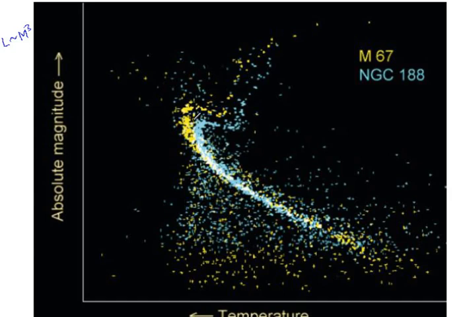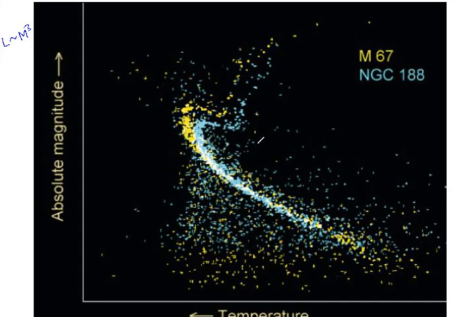So this means that this NGC 188 contains only low mass stars, no high mass stars. And since low mass stars have very high age, we come to the conclusion that NGC 188 is the older cluster among the two.